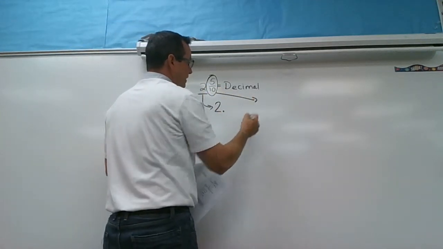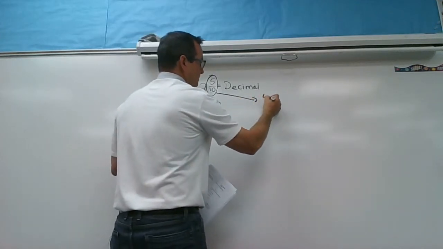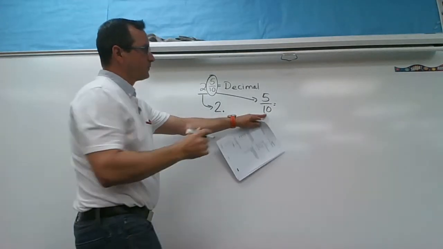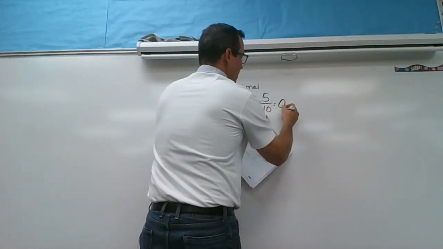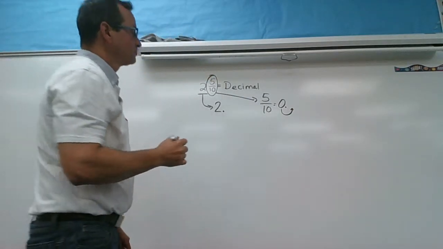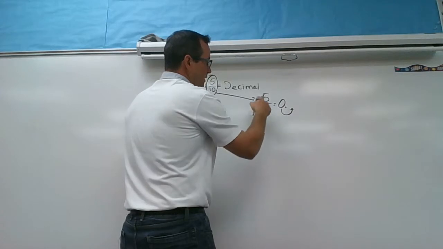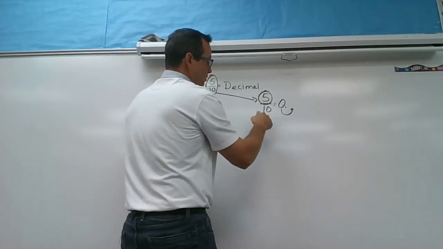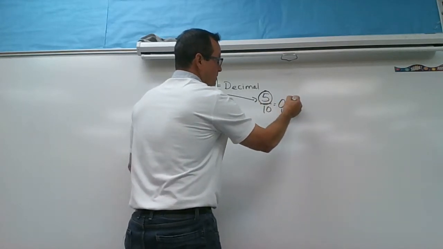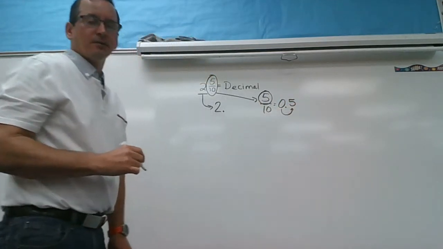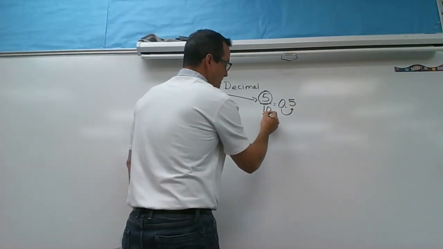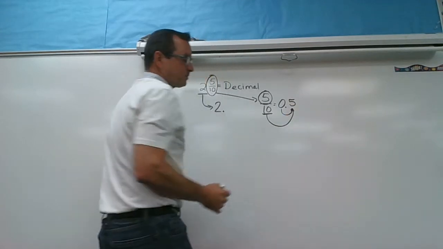When we convert 5/10 to decimal, the 10th being the first number to the right side of a decimal, the 10th is telling us that the 5 is in the first place value of the decimal. So this is my indicator to tell me that the 5 will be in the first spot.